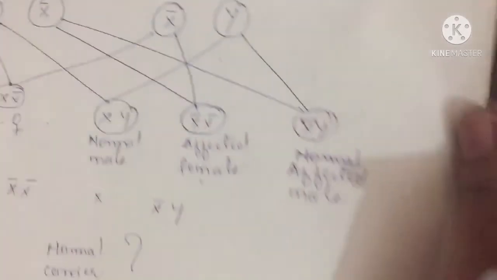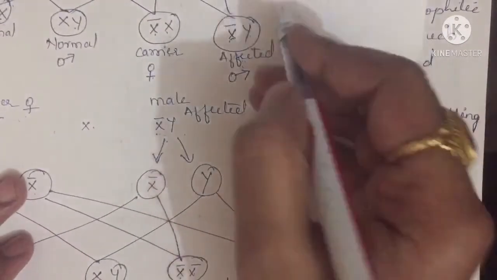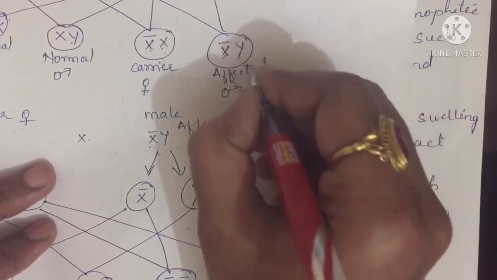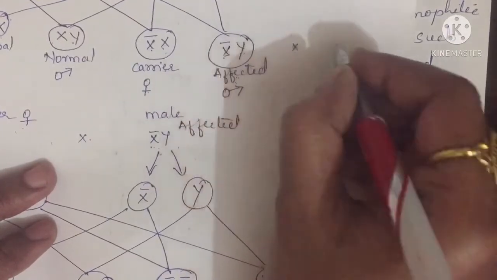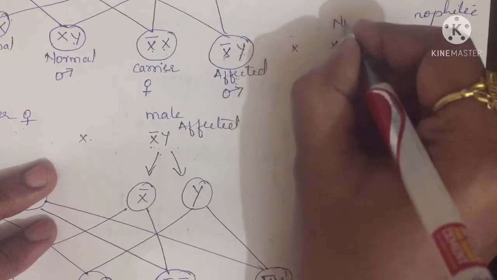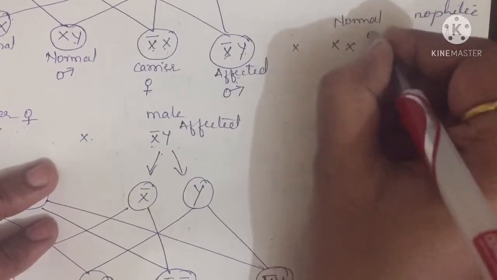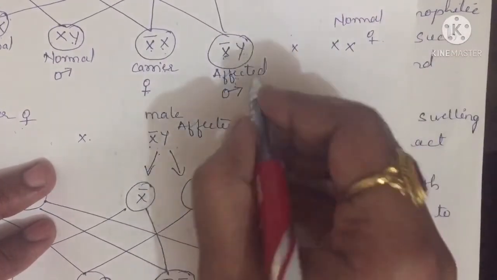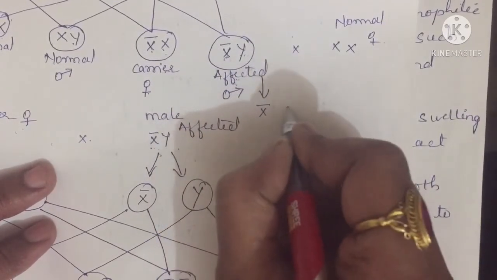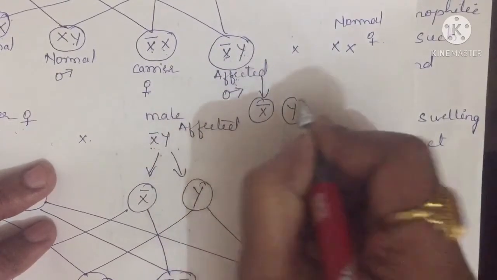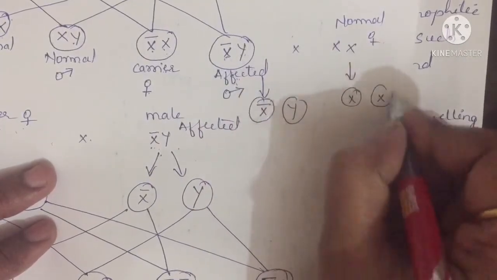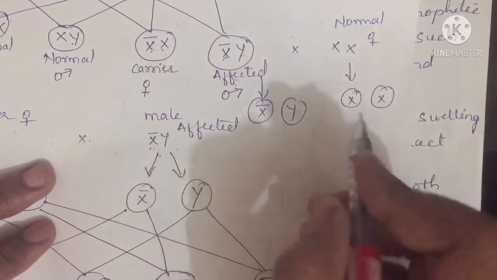I shall show you here itself. Here we have shown an affected male. If this affected male marries a normal female, what will you get? You will get gametes X dash and Y from him, and from her X and X chromosomes, both similar.